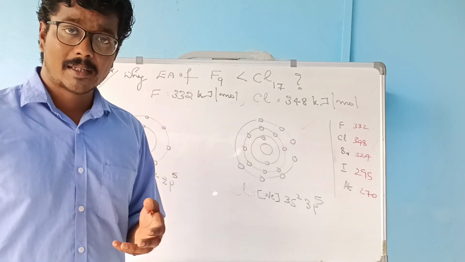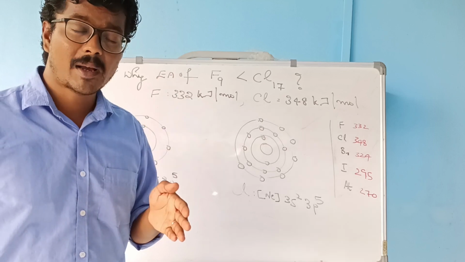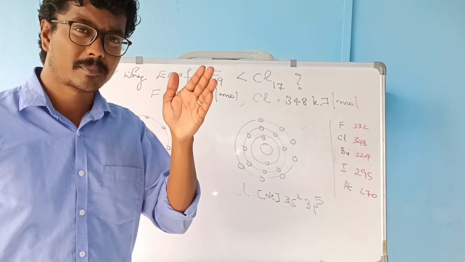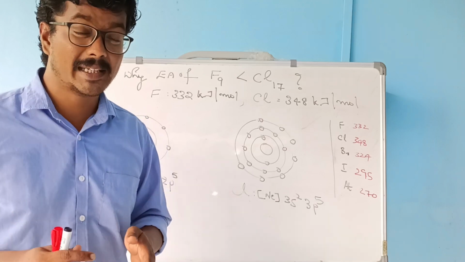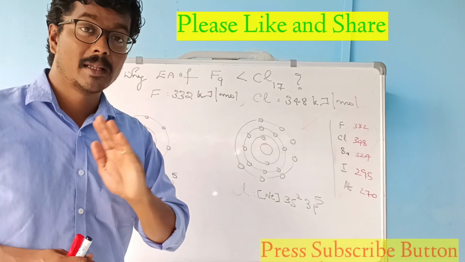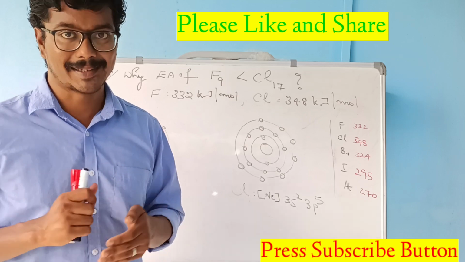We have already learned that in the periodic table, the halogen family possesses the highest electron affinity, and also the periodic trend of electron affinity is that across a period the electron affinity increases, down a group electron affinity decreases.